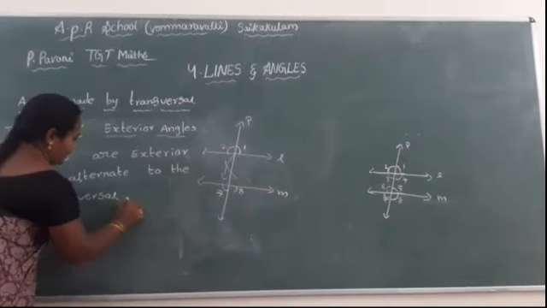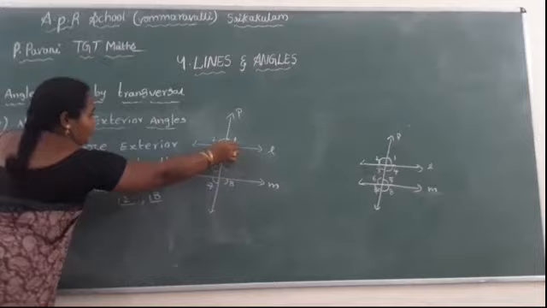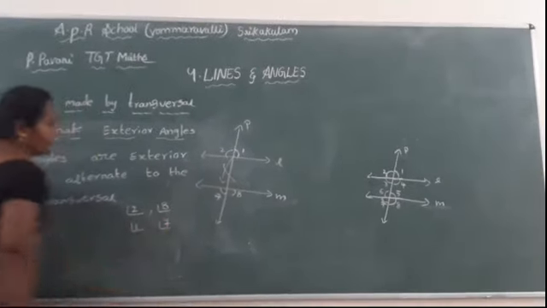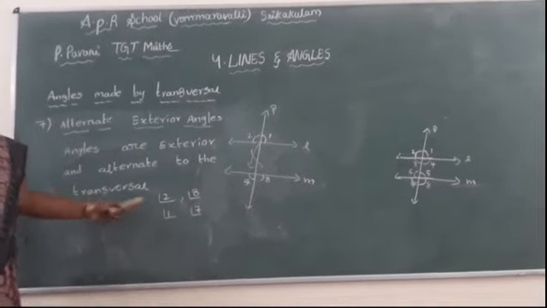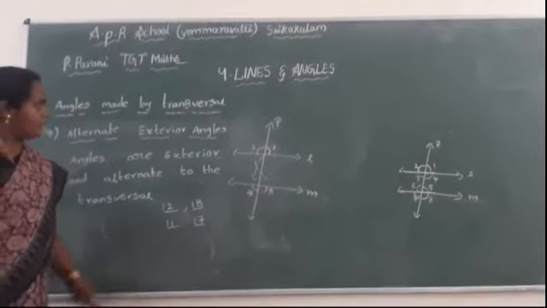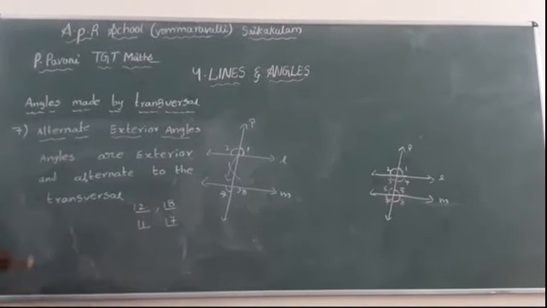Angle 2 and angle 8. Angle 1 is alternate to angle 7. These are the alternate exterior angles: angle 2, angle 8, angle 1, angle 7. Okay. Clear?